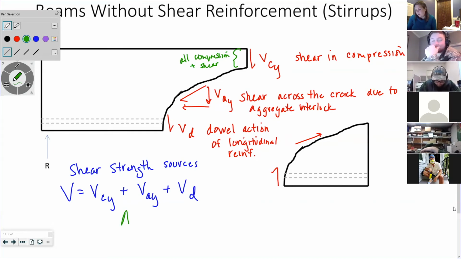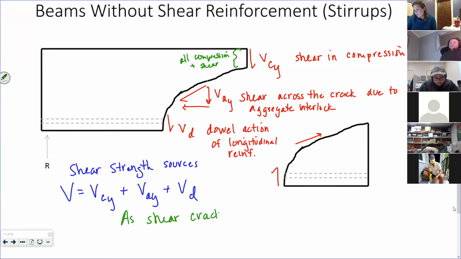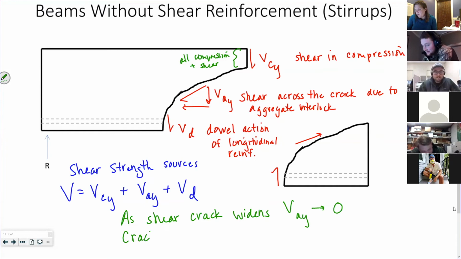So as the shear crack widens, my shear strength due to my aggregate goes to 0. Then a crack forms along the longitudinal reinforcement.